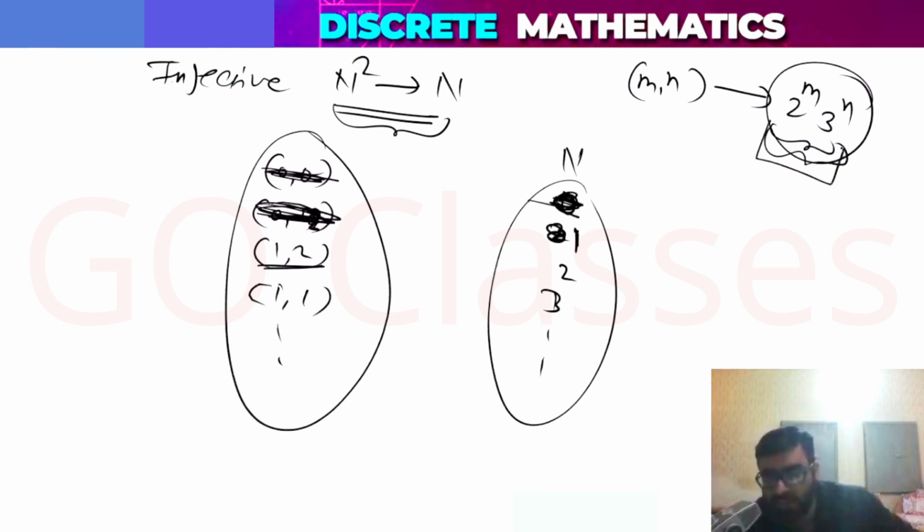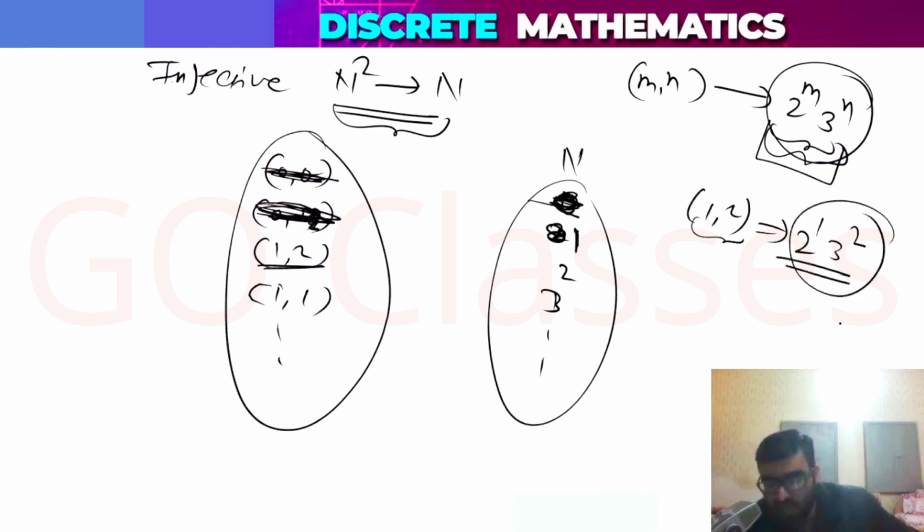Because this is basically the prime factorization of some number. For example, if I have (1, 2), to which number will I map it? I will map it to 2^1 times 3^2. You can see this is the prime factorization of 18. So basically I am mapping this (1, 2) to 18.